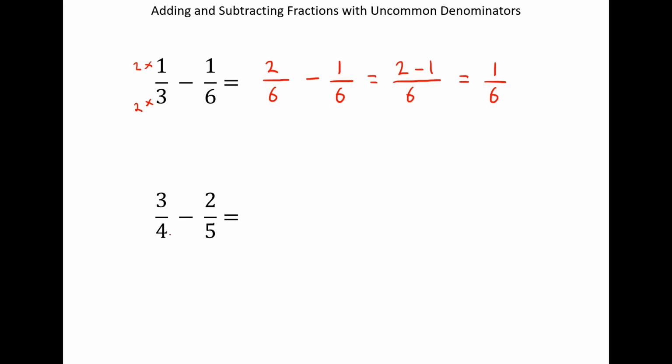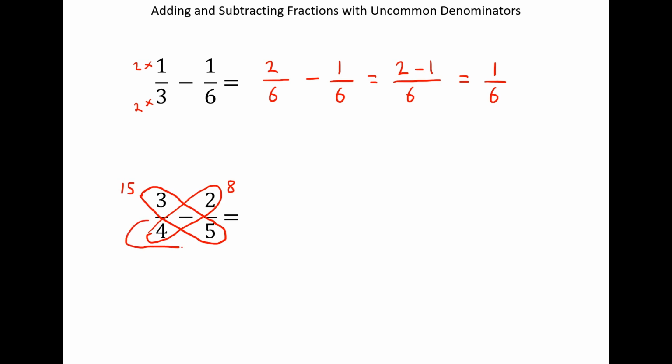Now for the bottom example, 3 over 4 minus 2 over 5, it looks like I'm going to have to multiply the 3 over 4 by certain numbers and the 2 over 5 by certain numbers. Hence, it's better to use the butterfly method for this case. So I'm going to use the butterfly method here. I'm going to have 2 times 4, which is 8, and 3 times 5, which is 15, after I draw the cross.